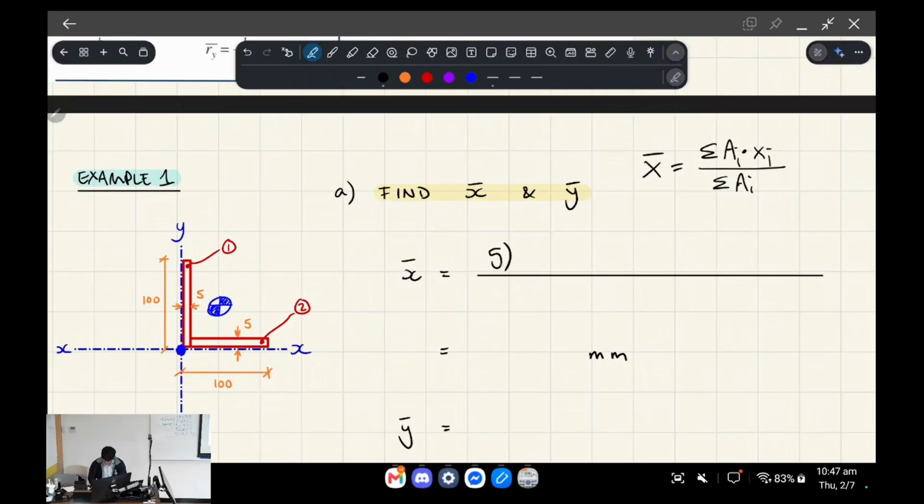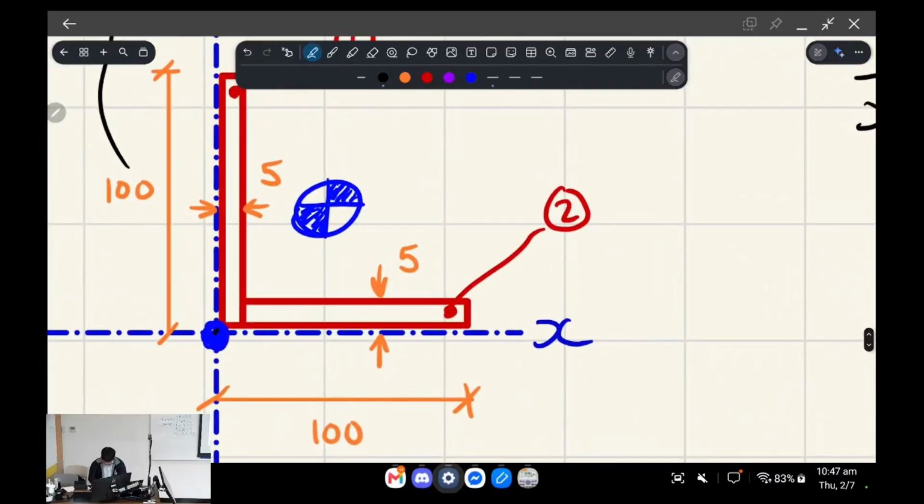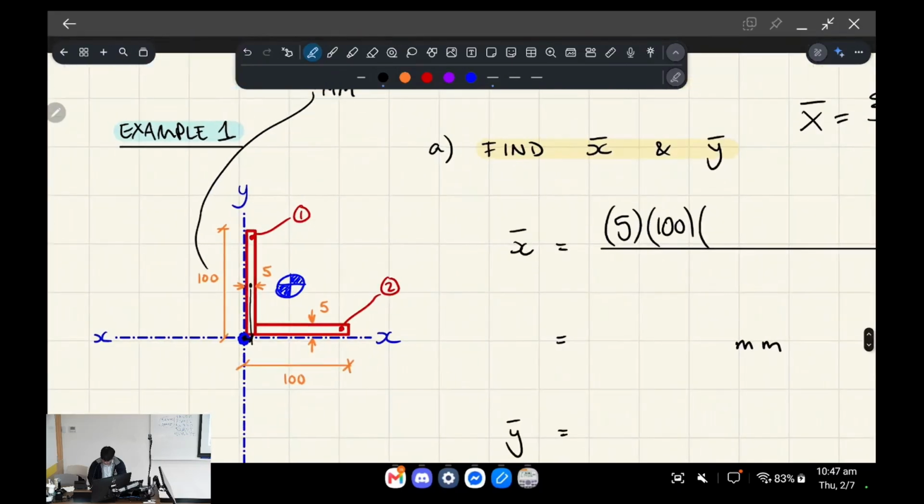And it's 5 millimeters, so all of these are millimeters. It's 5 millimeters wide multiplied by 100 millimeters deep, okay? And now we have to multiply it by the x-coordinate. And so what do I mean by that? How far along is the center of this shape relative to the start of our coordinate system?